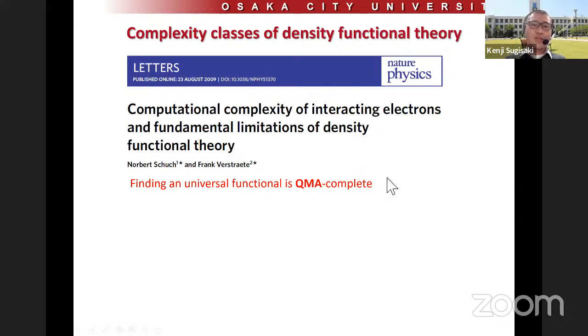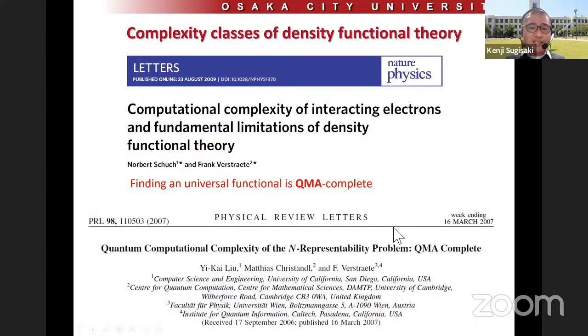Another important complexity class in density functional theory is the N-representability problem. The N-representability problem is also QMA complete.